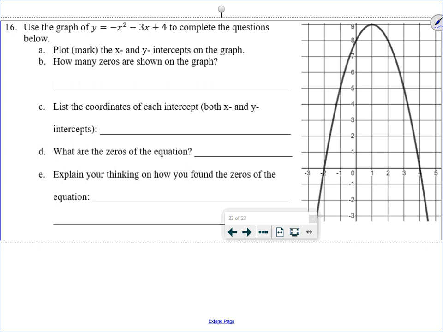Plot the x and y intercepts. So there are my x-intercepts. There's my y-intercept. Once again, if you've been paying attention, how many zeros are there? 2. The x-intercepts are -2, 0, and 4, 0.